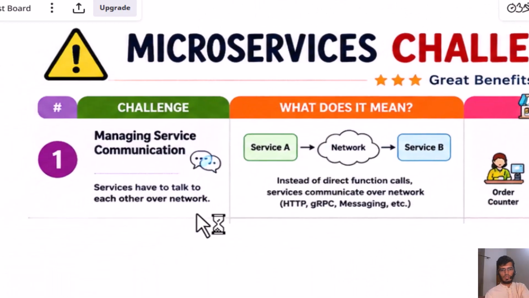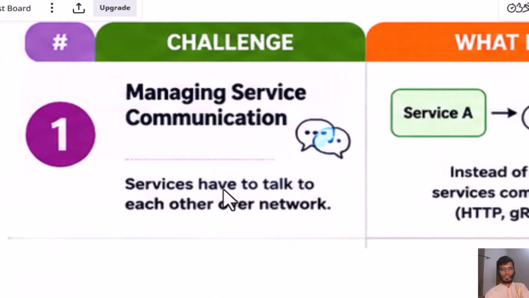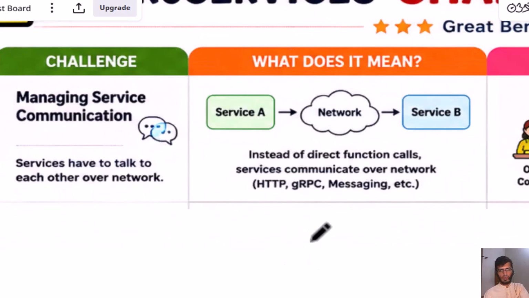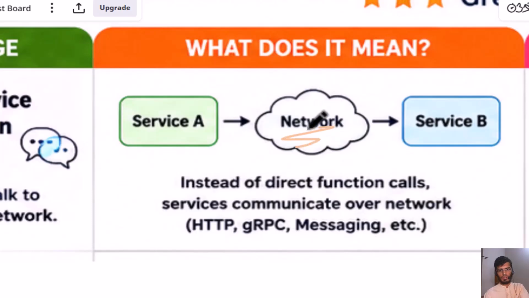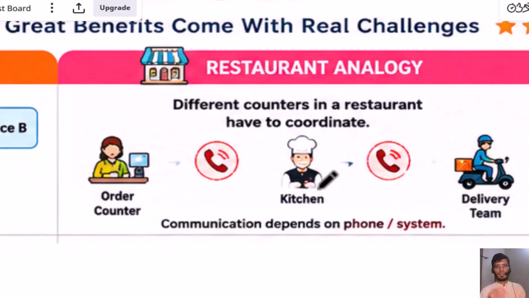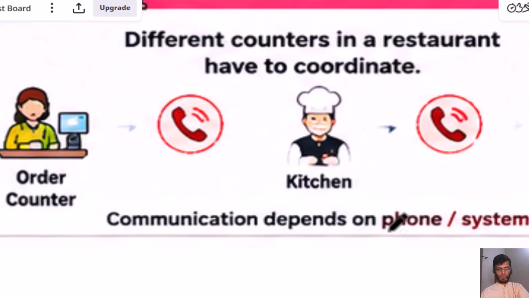First challenge is, yes, managing services requires internet. So internet is one of the issues, as we require internet for our communication. In the restaurant analogy, what the waiter has to do is to call.